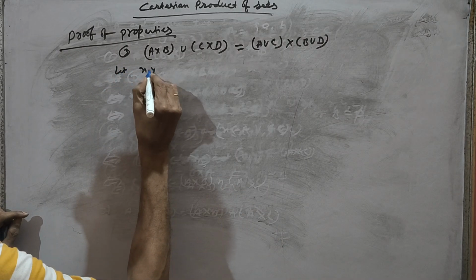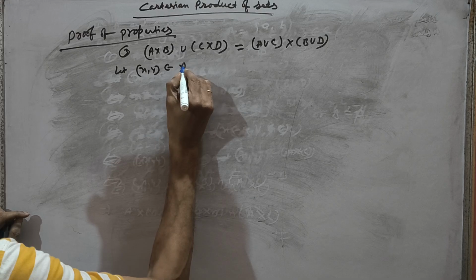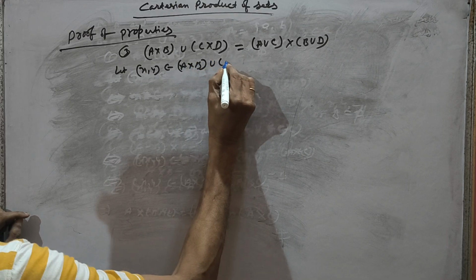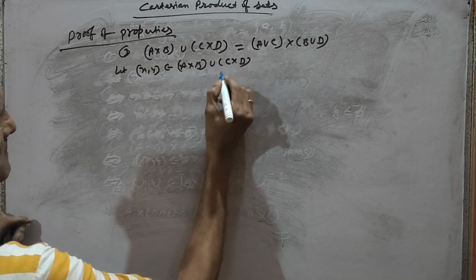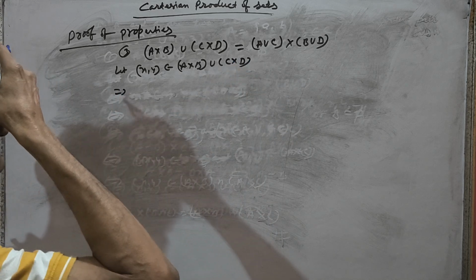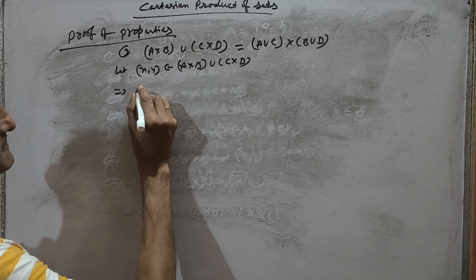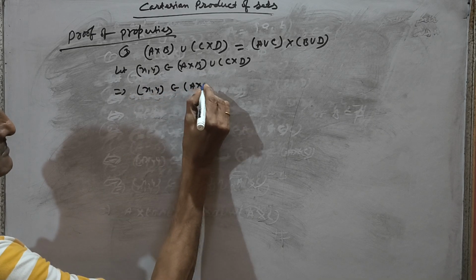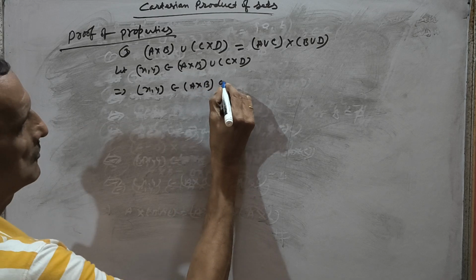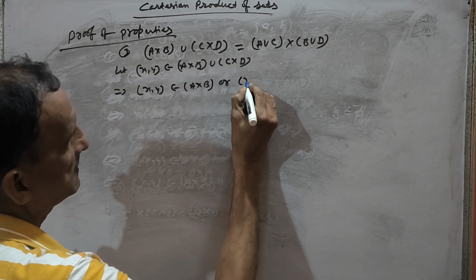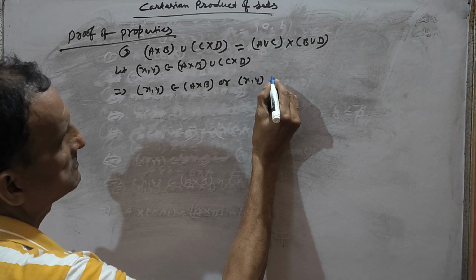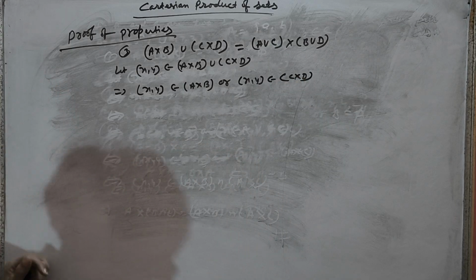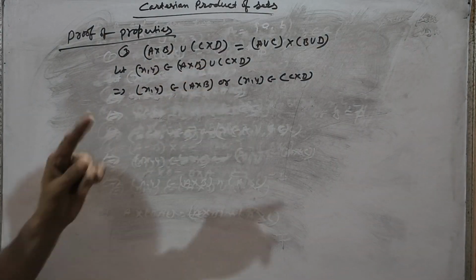Let ordered pair (x, y) belong to (A cross B) union (C cross D). Then write the meaning. First write the meaning of union: ordered pair (x, y) belongs to A cross B or (x, y) belongs to C cross D. The meaning of union only we have written.